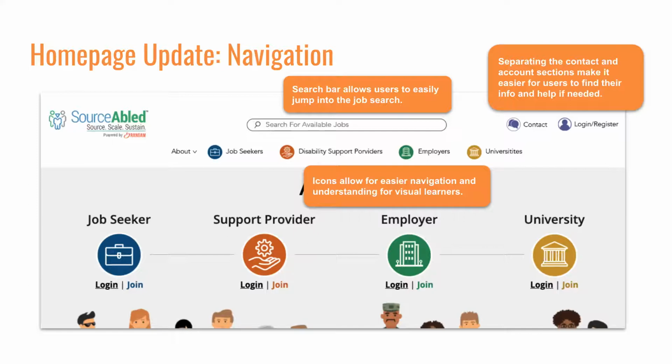And the separation of the contact section and the login or register section really made it easier for us users and other users to find required information and help if needed. These icons also allow for easier navigation and understanding for visual learners, which is pretty nice.